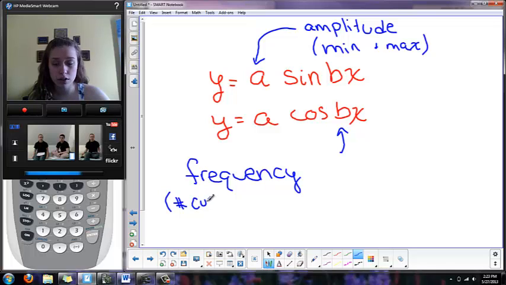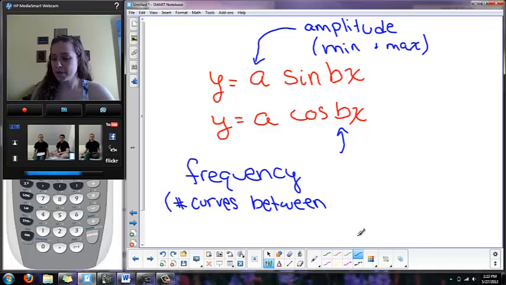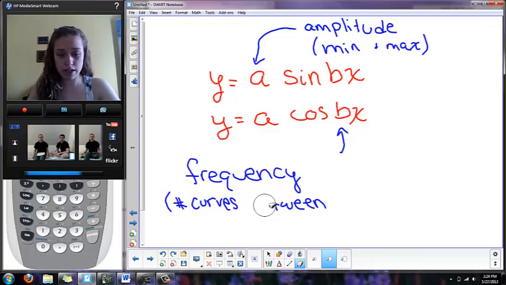number of full curves you see between 0 and 2 pi. Or not even just between 0 and 2 pi, it's the number of curves that you see in 2 pi radians.